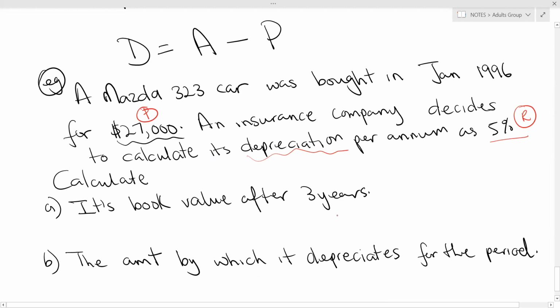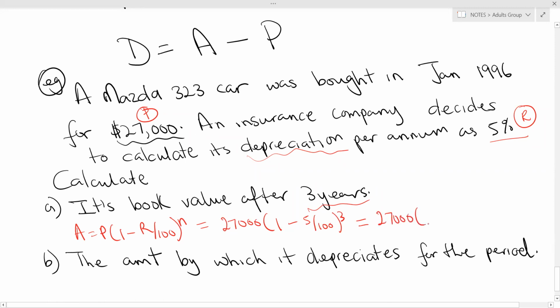And this question wants us to work out the book value after 3 years. So we know it's depreciation. So we say A is equal to P, 1 minus R over 100 to the power of N, which is 27,000, open brackets, 1 minus 5 over 100 to the power of 3, which will give me 0.95 to the power of 3.